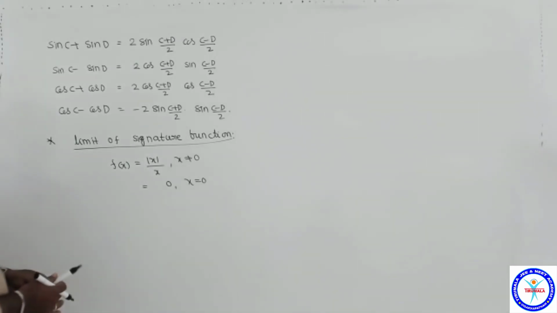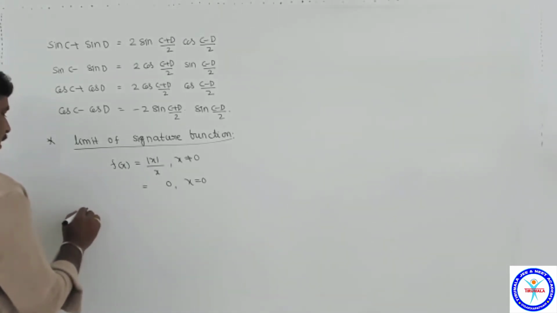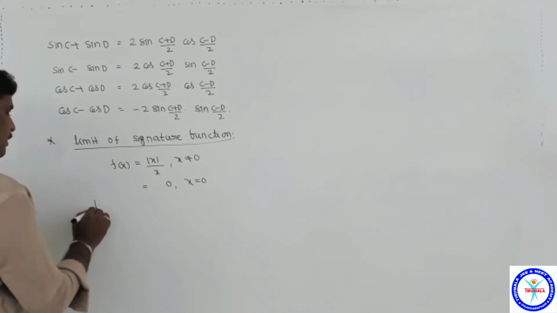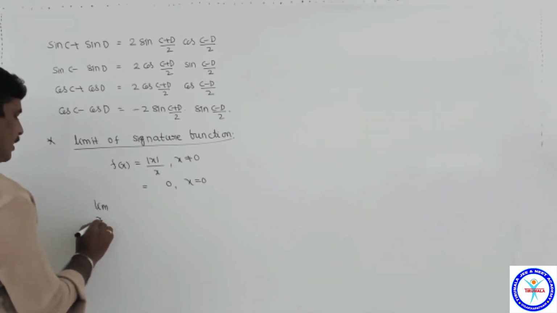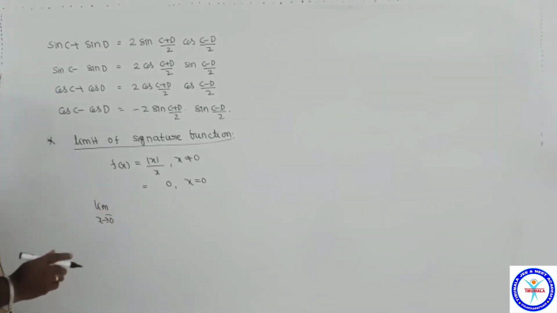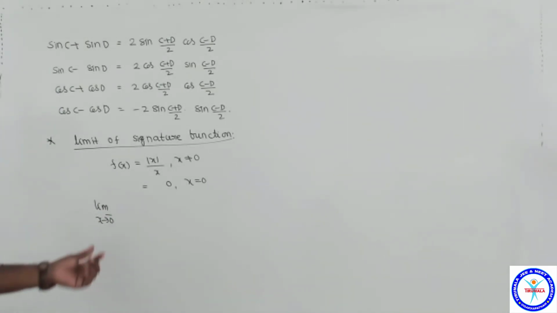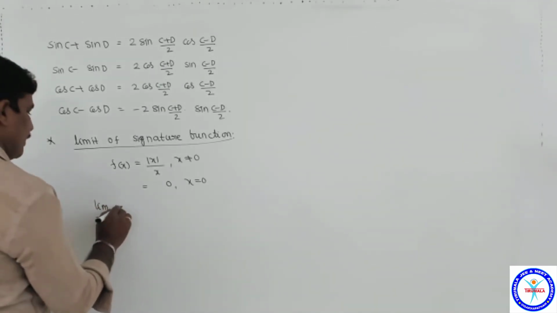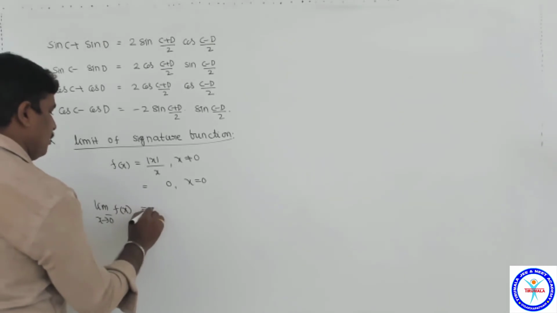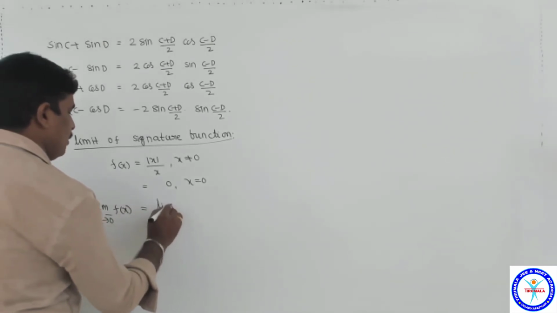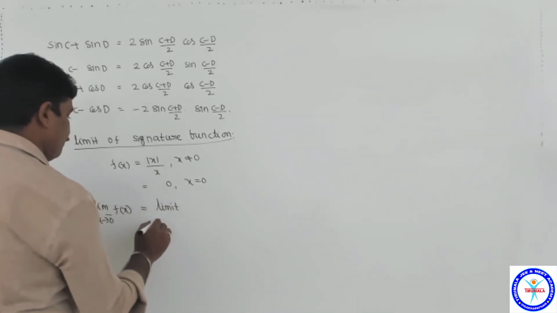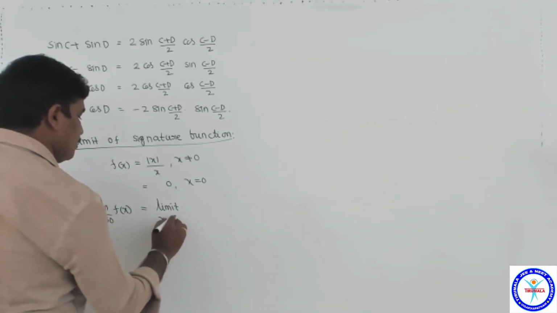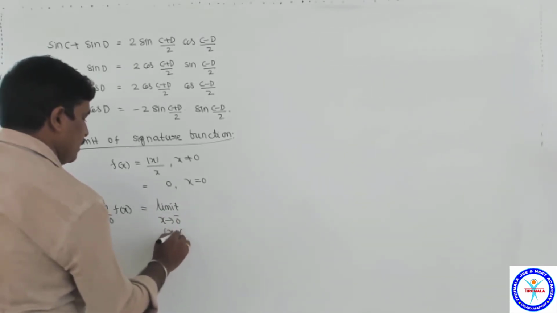First find the left limit. Left limit of f at 0 means limit as x tends to 0 minus of f of x. x tends to 0 minus means x less than 0.